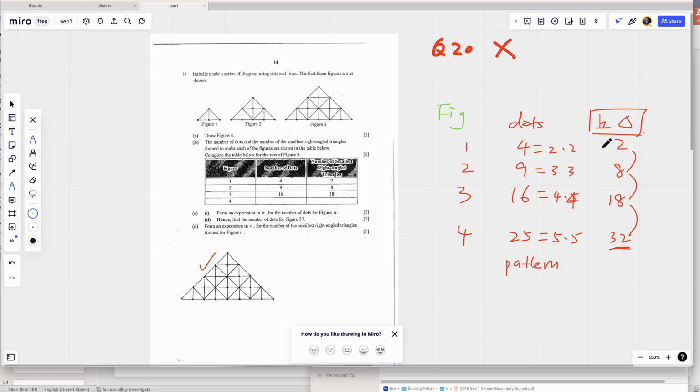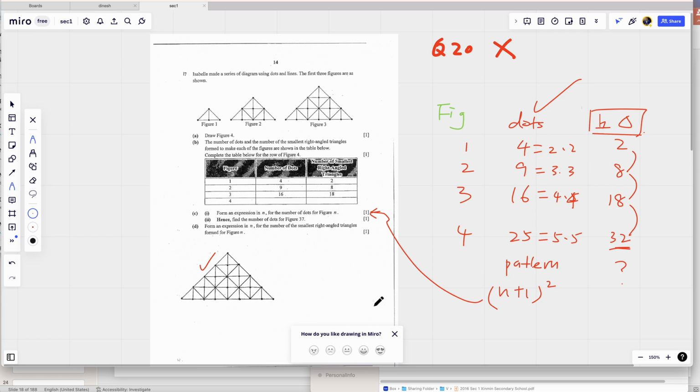I asked you for the right angle triangle pattern. The pattern for the number of dots for this one is very simple. It's n plus 1 squared. Yep. Part C part 2, figure 37, okay, done.